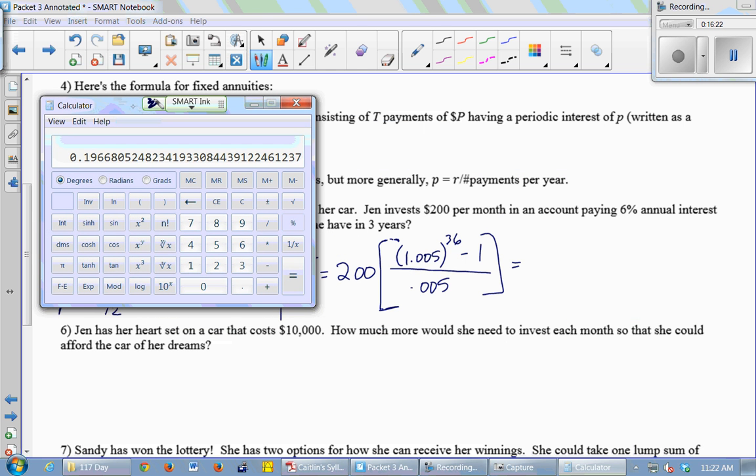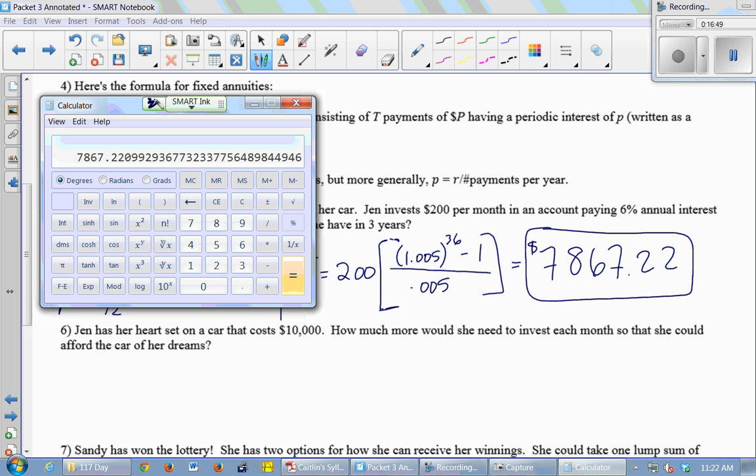Then I have done all of the numerator. I'm going to divide by my 0.005. And then I should multiply that times 200. Okay, so I figured out everything in the parentheses, then multiply by the 200, and I get $7,867.22.